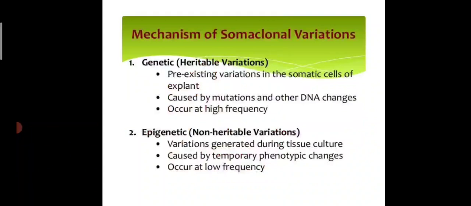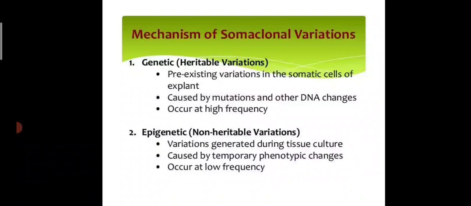The second type of mechanism is epigenetic variation, that is, the non-heritable variations. These variations are generated during the tissue culture process. The conditions the plant is undergoing may cause stress to the plant, and that in turn leads to genetic variations.